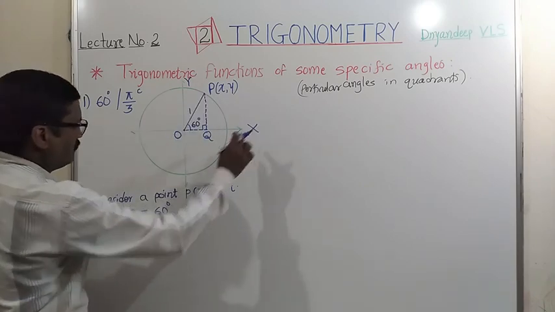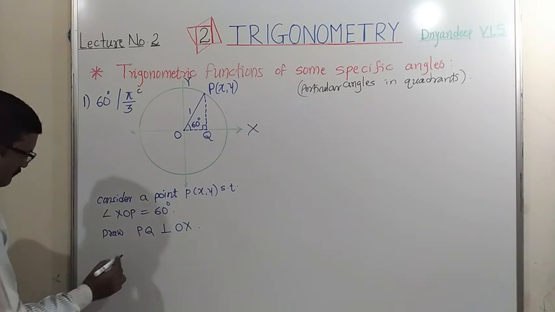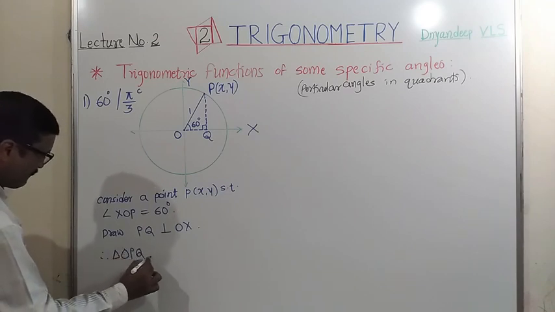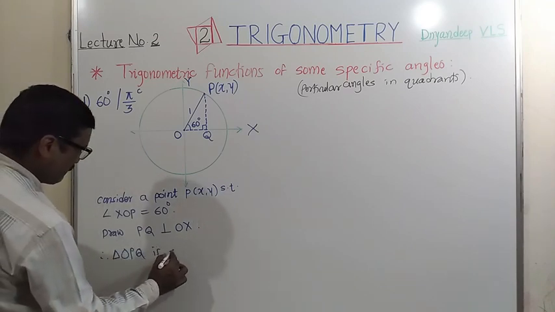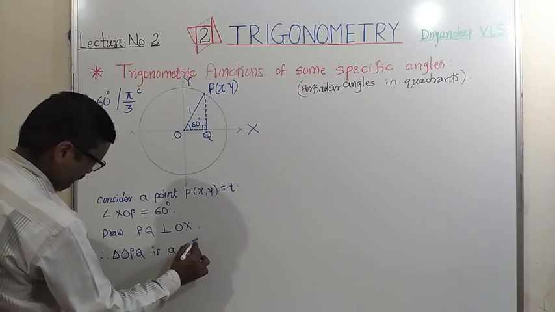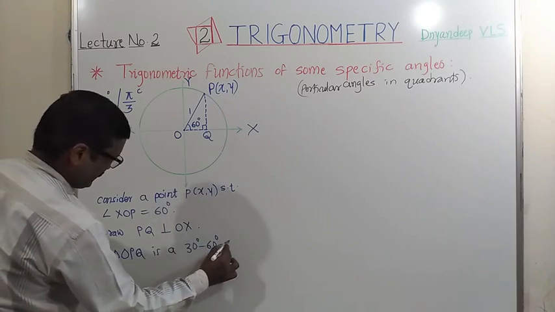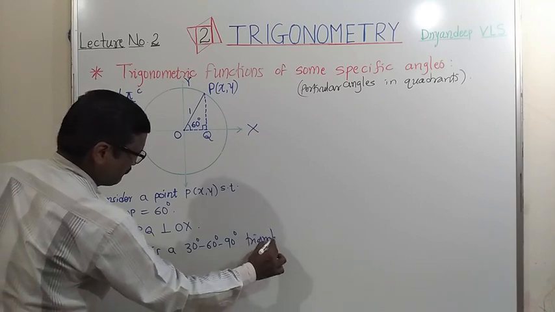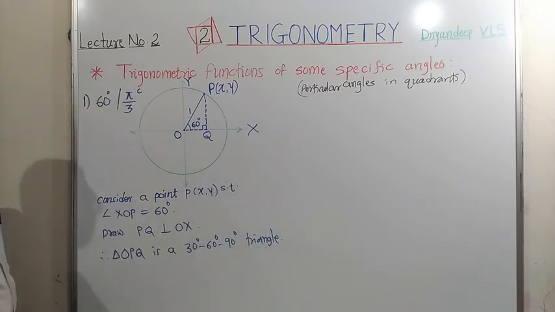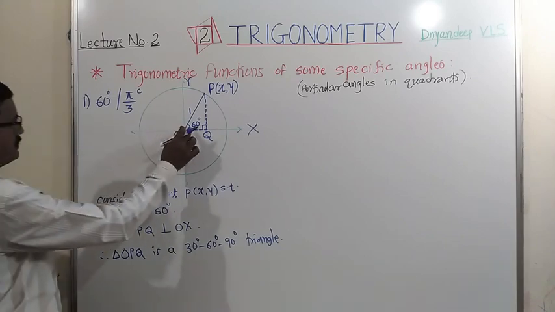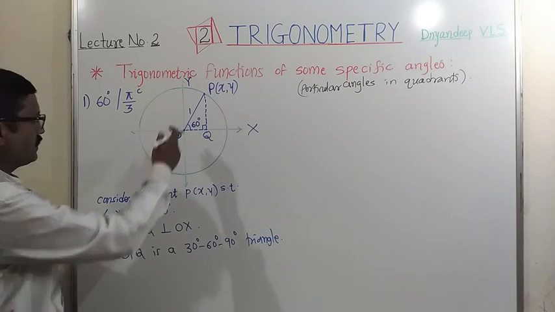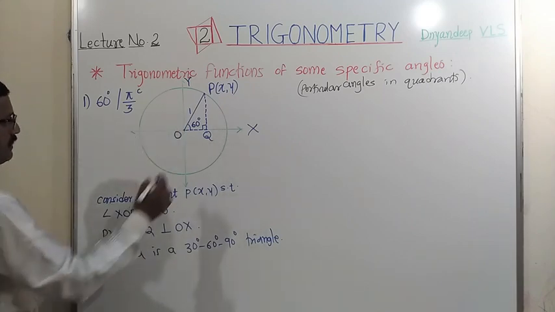This PQ is on the x-axis, therefore triangle OPQ is a 30 degree, 60 degree, 90 degree triangle. Is it okay? Because this has measure 60, this is a right angle, so its measure is 30. So the triangle is 30, 60, 90.